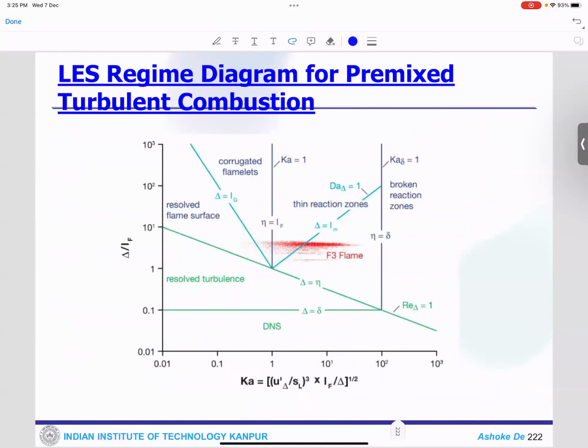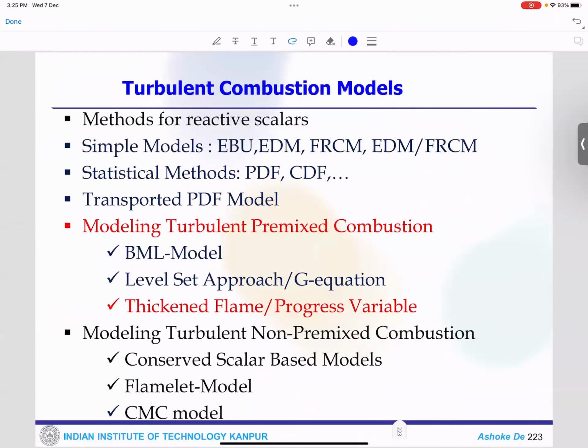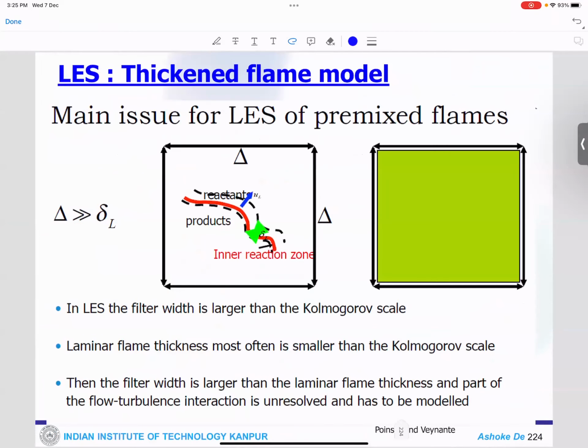Now those are the RANS context. If we go to the LES situation, then how are these things going to be modified? In LES, one can use this thickened flame, or progress variable, kind of approach. In LES you use some sort of explicit filtering of the flow field, and the explicit filter size is delta, which is quite large compared to the flame front thickness.